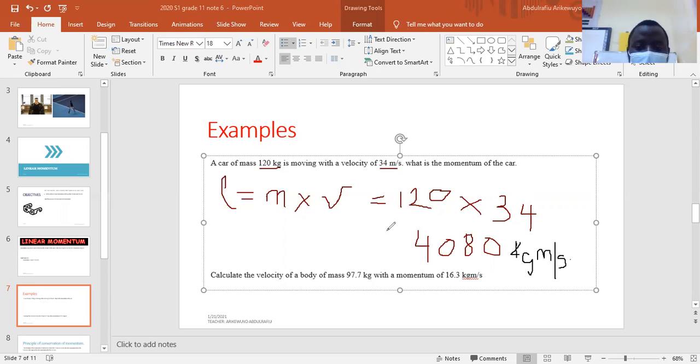That is how to calculate momentum. Now, in some questions, you may be asked to find the mass while you are given the momentum and the velocity, or to find the velocity while you have the mass and the momentum. I'm sure you know how to change your formula to get what you are looking for.